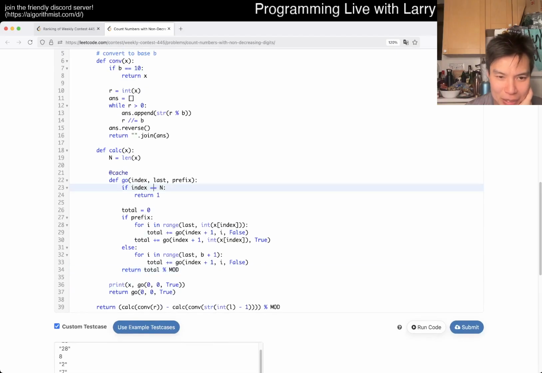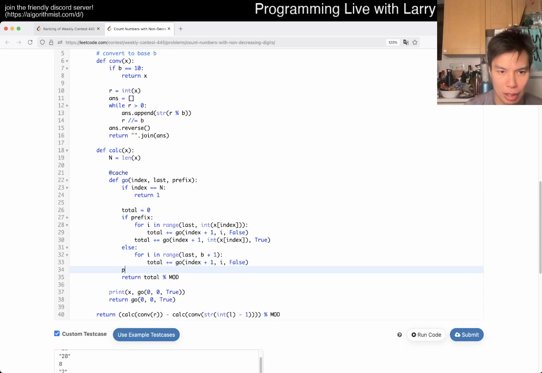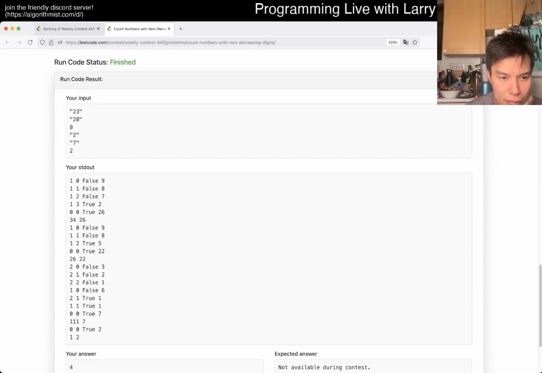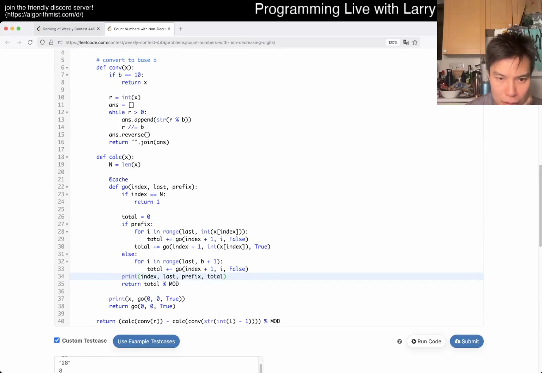So I'm returning 1 for every number. Why? Do I not update last? That is weird. I feel like we're close though. It's okay. Index, last, prefix, total. So that would. Am I off by 1 maybe?